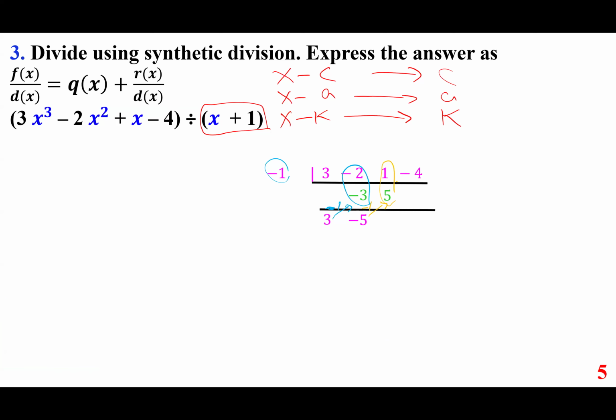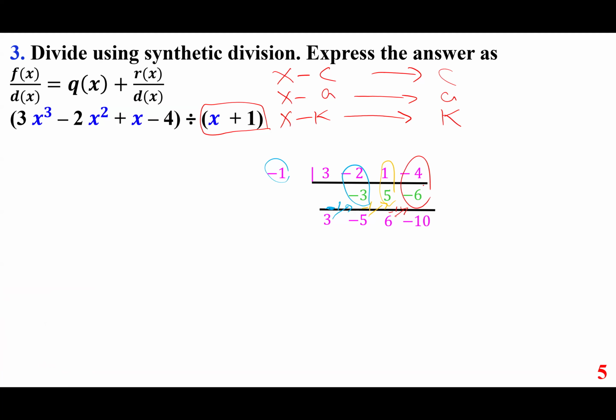You add this 2. You get positive 6. You multiply by -1 again. You get -6. Add them up, you get -10.